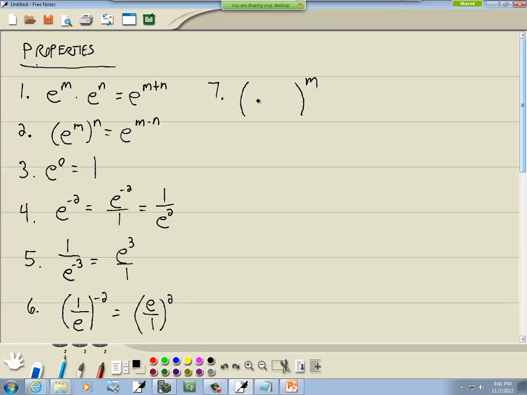Now, if you have parentheses to a power, and everything inside is either multiplication or division, then what you do is you take everything to that power.